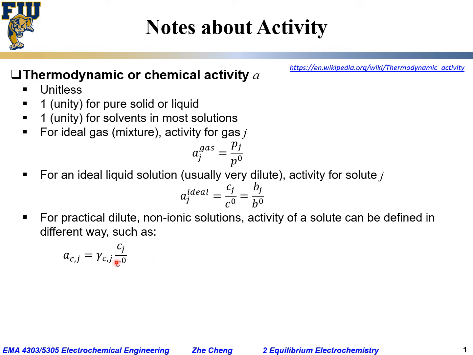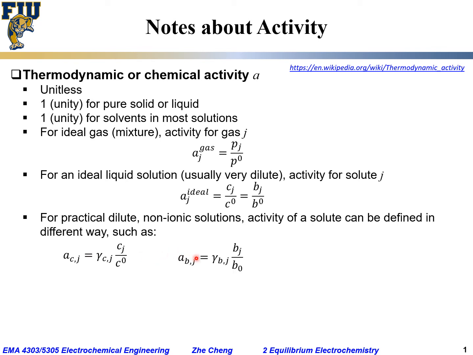If you know the molarity, then the activity for species J based on molarity would be Cj over C0, the concentration of J divided by the standard molarity, times the activity coefficient.